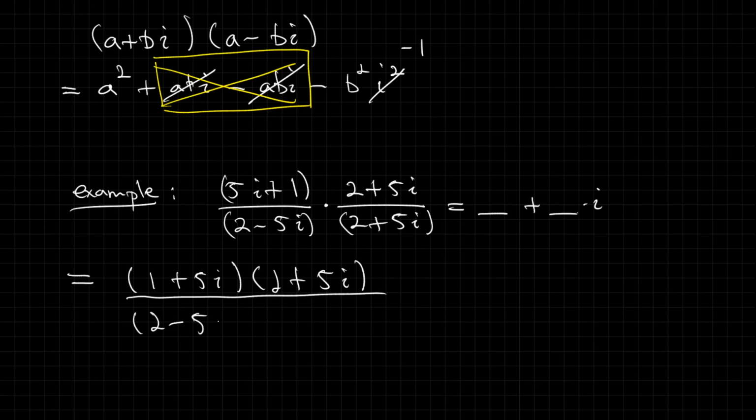So in the denominator, we have 2 minus 5i times 2 plus 5i. And now you likely see why I made the comment that this is a bit more involved than the previous operations. We have to do two multiplication problems, one in the numerator and one in the denominator. So in the numerator, we get 2 plus 5i plus 10i plus 25i squared.